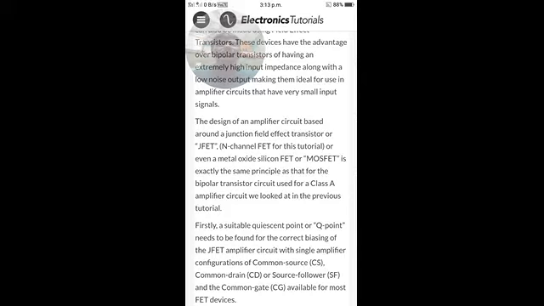Here also we need to find the operating point first for correct biasing of the JFET amplifier circuit.